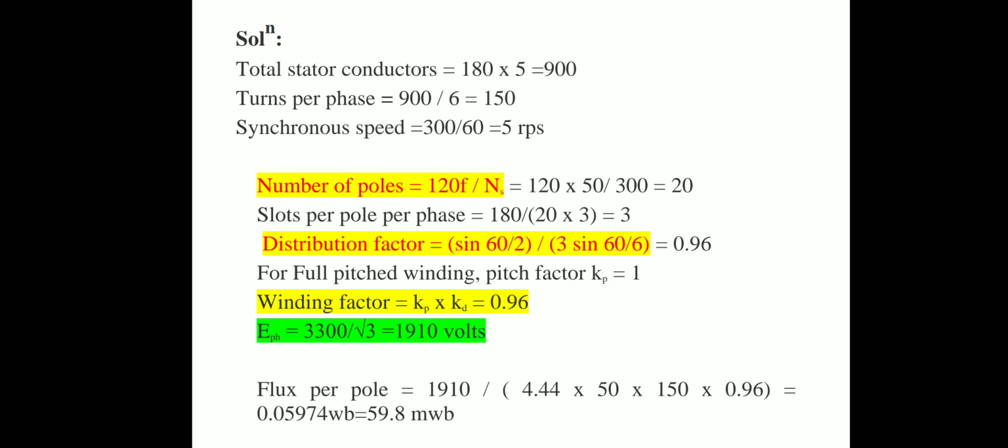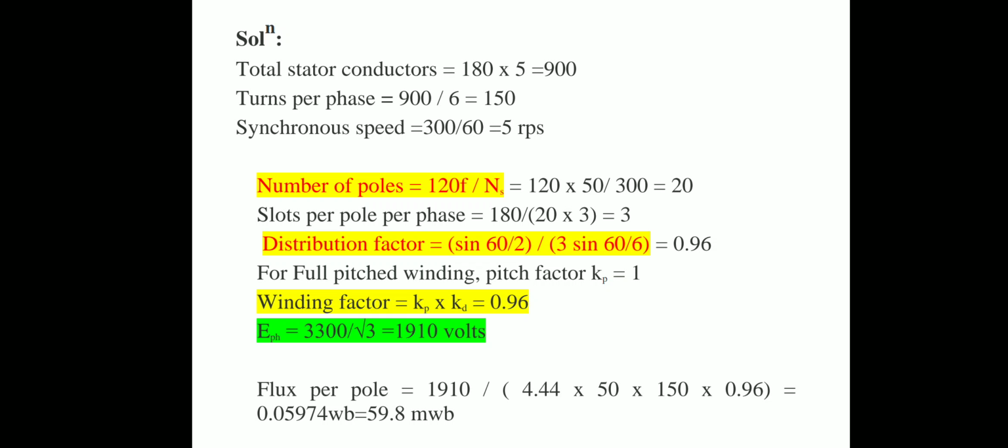The distribution factor is equal to sin 60/2 divided by 3 sin 60/6, which is 0.96. For full pitched winding, pitch factor Kp is equal to 1. This is a well known factor, and it is also known that winding factor is equal to Kp into Kd, which is equal to 0.96.